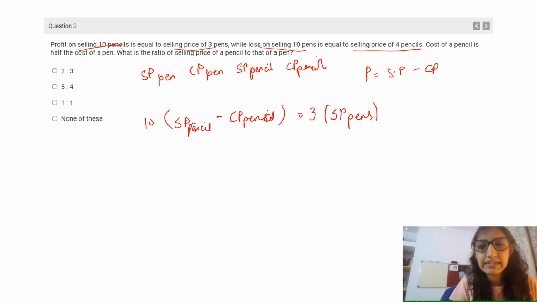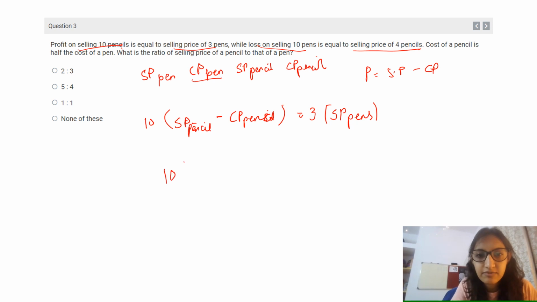And for the loss on selling 10 pens, that means the selling price of pen is lesser than the cost price of pen. So that means 10 into (CP pen minus SP pen) is equal to 4 into SP pencil.